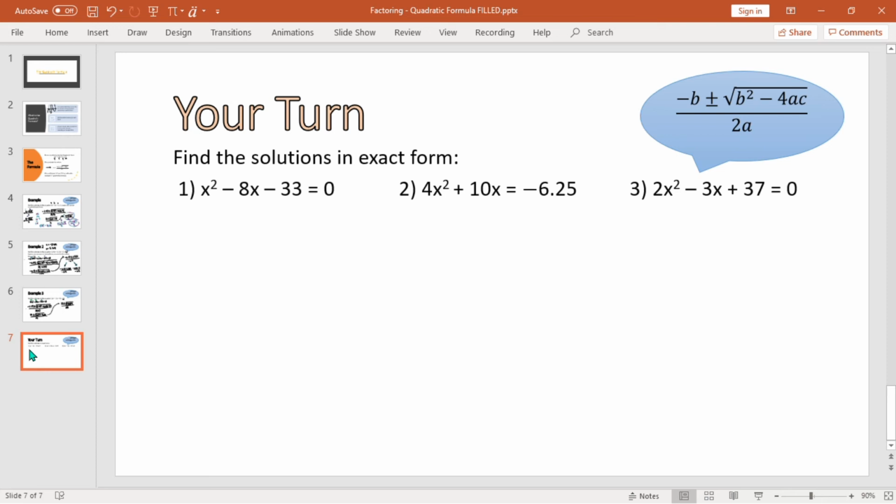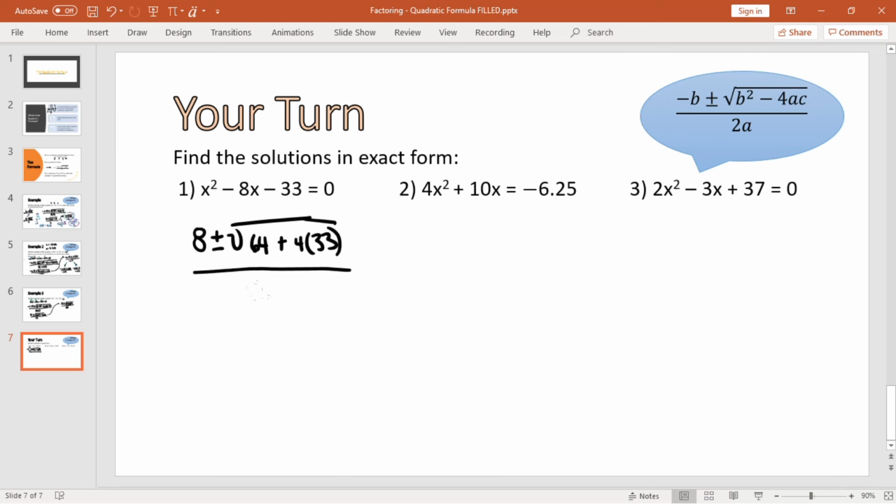So looking at the first one, I'm going to kind of rush through. I know that negative 8 is 8. 64, and it's going to be plus 4 times 33. And that's just kind of shortcutting a couple things. And that will be over 2 because 2 times 1 is 2.